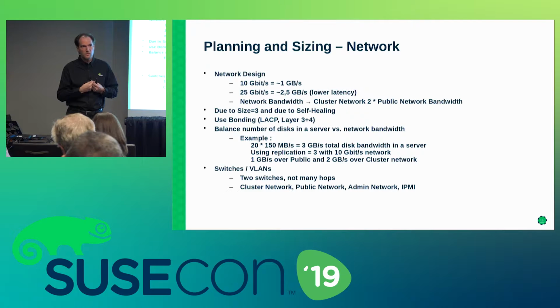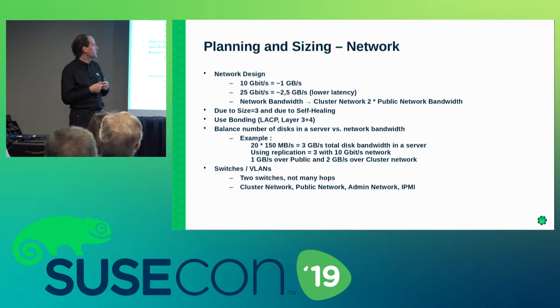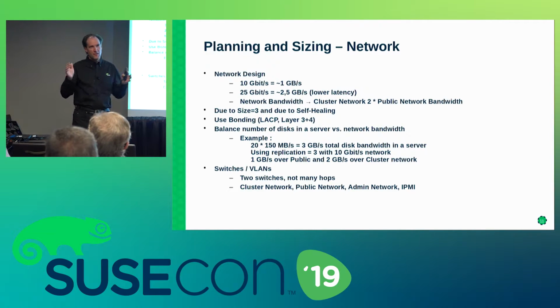And that's one of the reasons why we want to have the cluster network thicker. We don't want this to be a bottleneck during normal I/Os. And if a node fails and the cluster needs to recover, this bandwidth basically limits how fast the recovery can happen, and we get the health okay again. So for that reason, make sure you have a thicker cluster network than what you have on the public network.